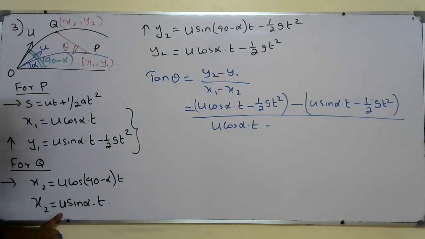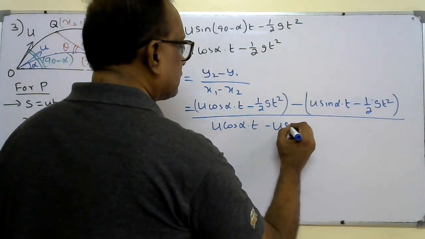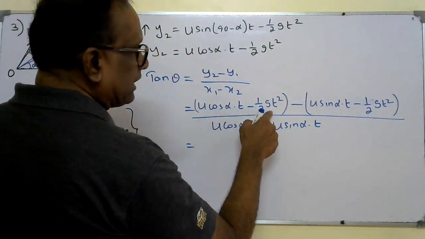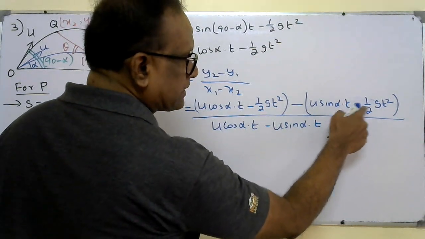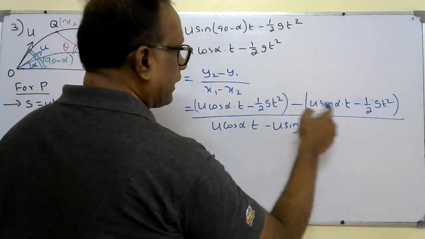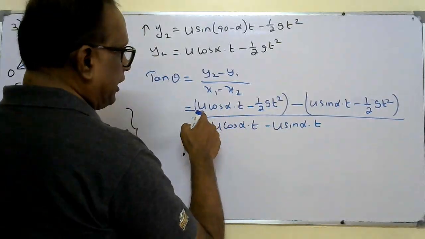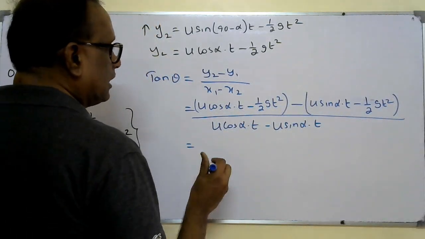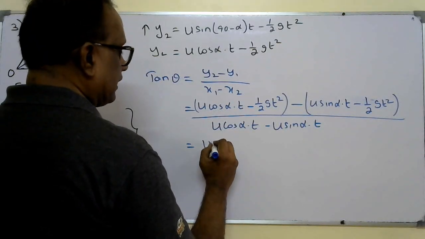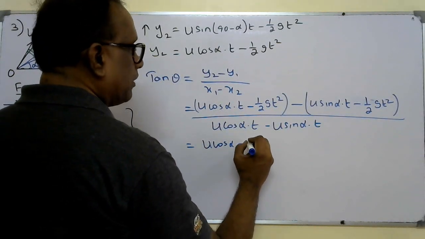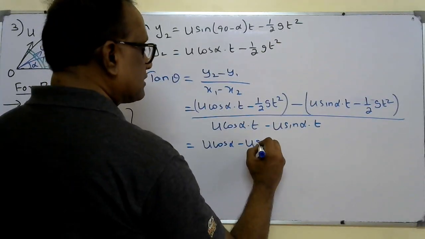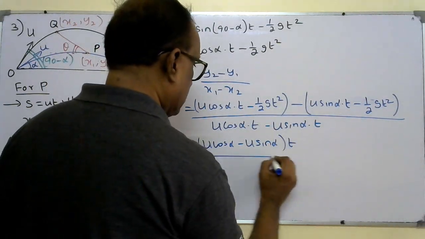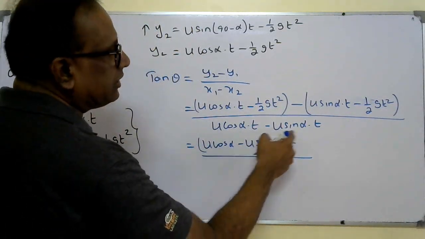Yes, x2 is u sine alpha into t. Okay, we'll solve it. So minus half gt squared, minus into minus, plus half gt squared, so half gt squared will get cancelled. We get u cos alpha into t minus u sine alpha into t. Take the t out, so it's u cos alpha minus u sine alpha into t over, in the denominator, u cos alpha into t minus u sine alpha into t.